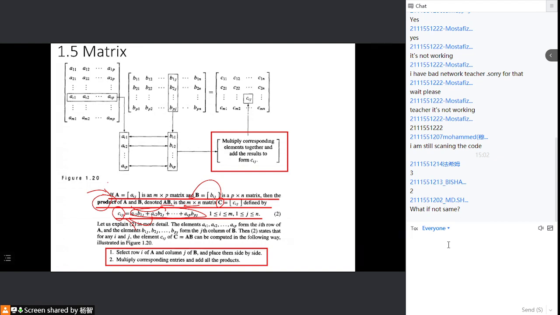It means Cij equals Ai1 multiplied by B1j, plus Ai2 multiplied by B2j, and so on, up to Aip multiplied by Bpj.